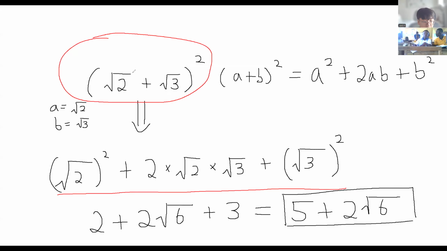Does this make sense for you? Because we used this formula. Do you think you need more practice?